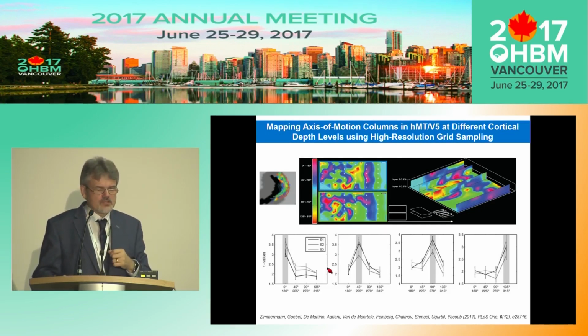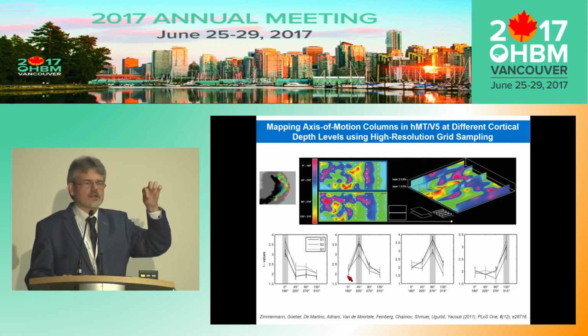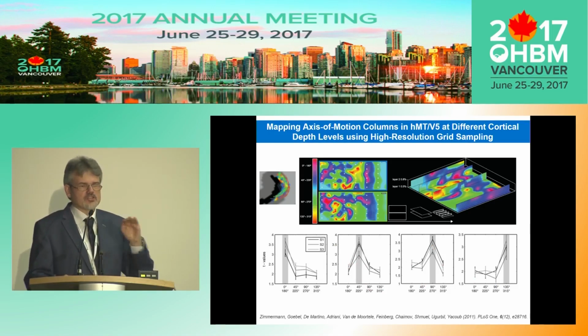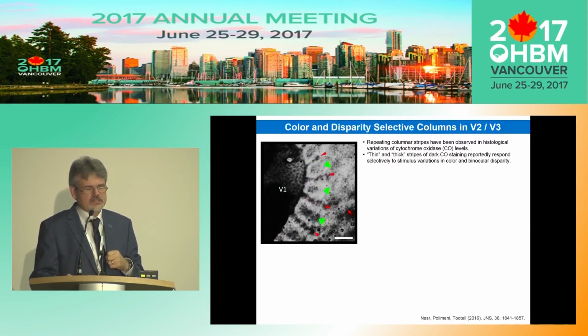We also see that the tuning curves, which are cross-validated, that we could extract from these voxels for different directions of motion, follow very nicely unimodal curves, as predicted from monkey recordings in MT. So that shows that we indeed get to this feature level, tangential level, within the cortex. And here you see different depth cuts through that.